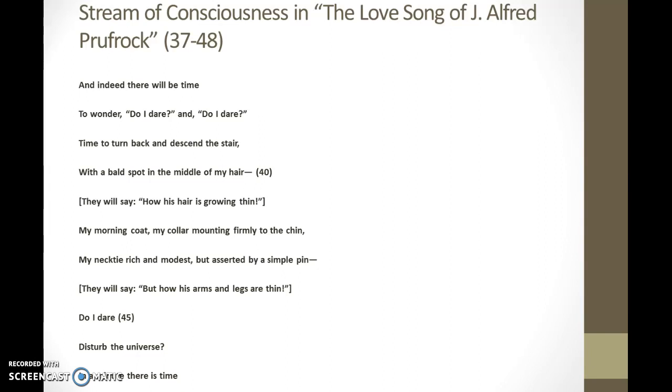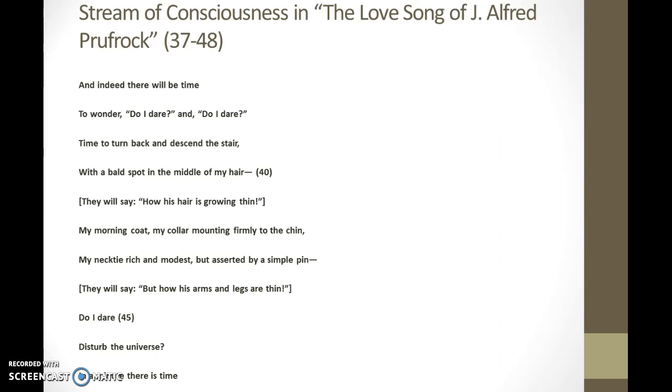And this poem actually provides us with the inner thought of a shy, isolated, pessimistic soul called Prufrock, and like all of the poem itself, Prufrock sheds light on his self-doubting thoughts in lines from 37 to 48 of the poem.